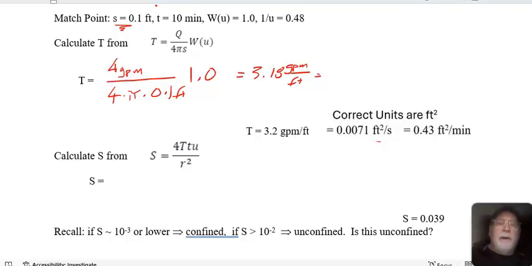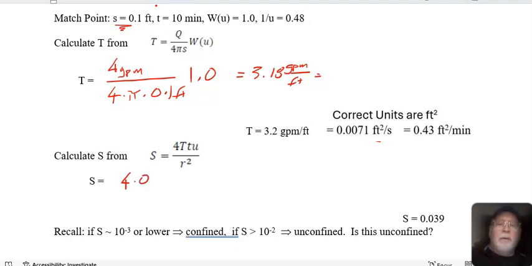Now that I have that, I can then calculate my storativity, S equals 4 times the T, times the time, which I have as 10 minutes.